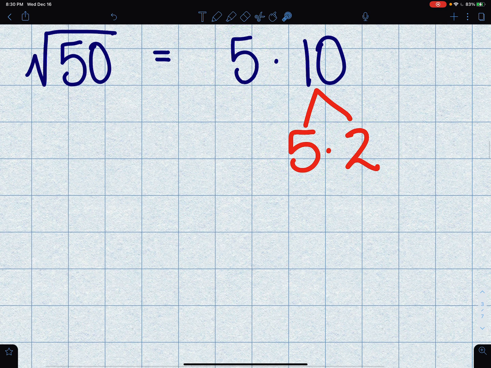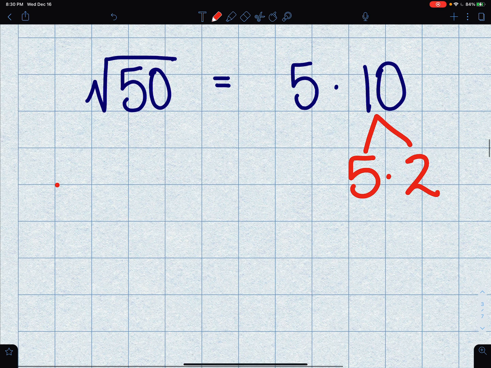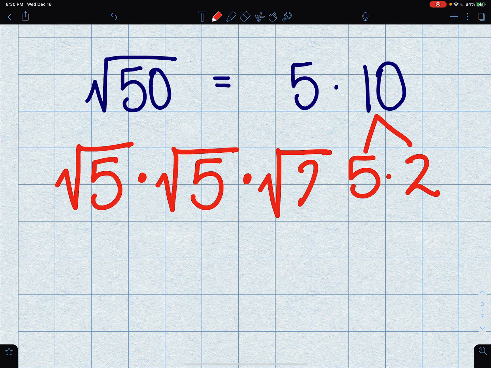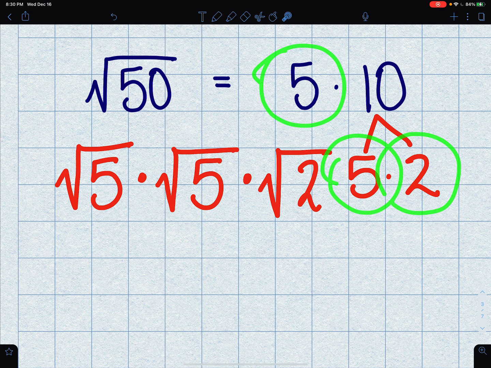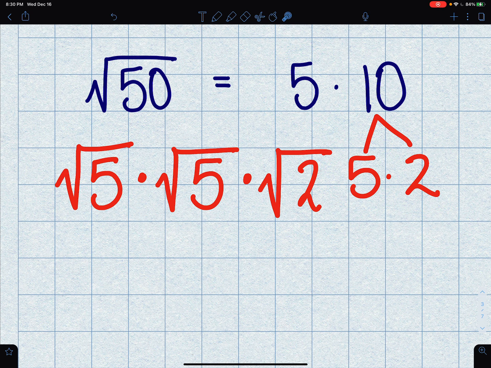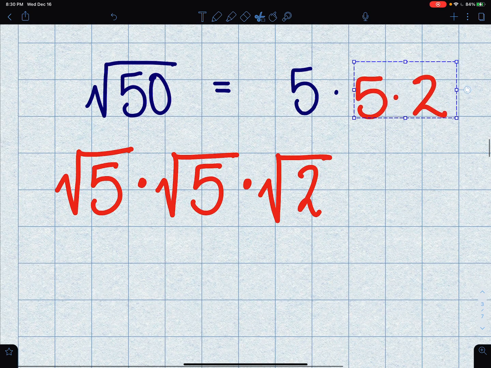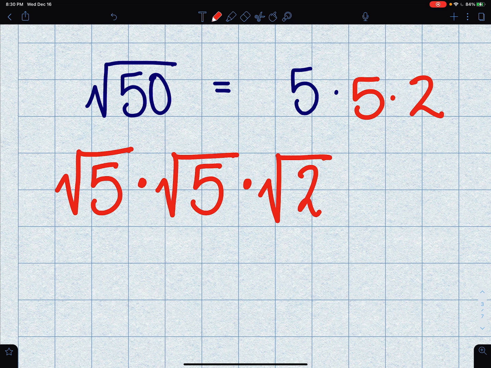So the square root of 50 is going to be equal to the square root of 5 times the square root of 5 times the square root of 2. Because I can take these three things, 1, 2, 3. 50 is 5 times 5 times 2, so it's basically the square root of that whole thing.